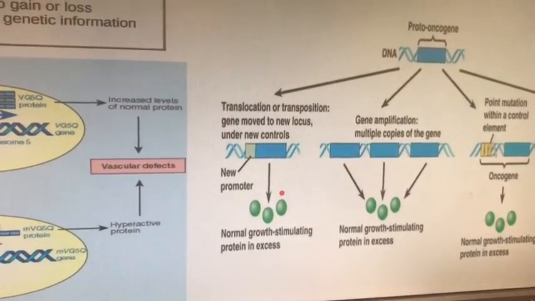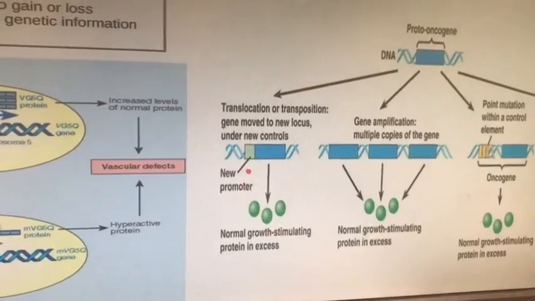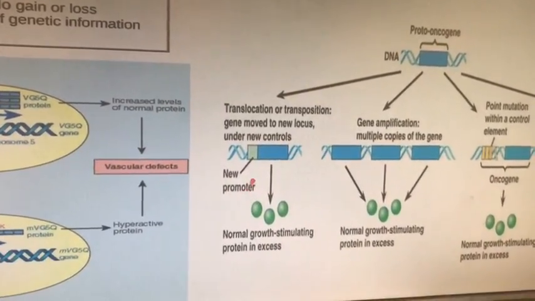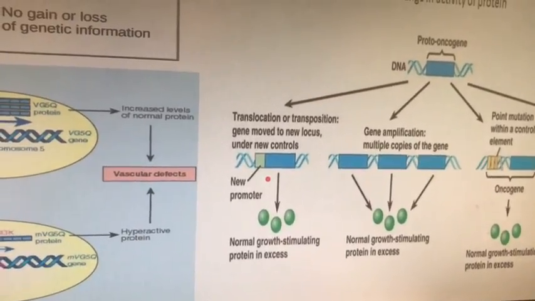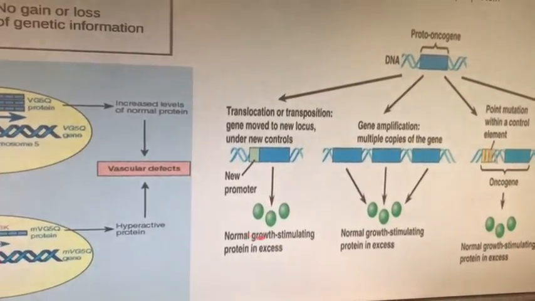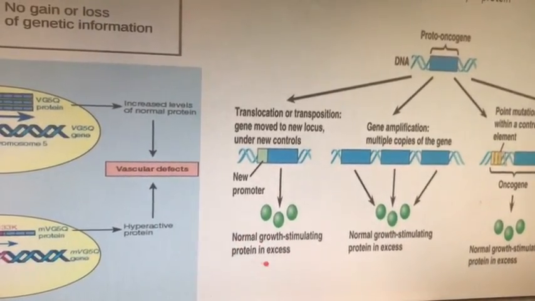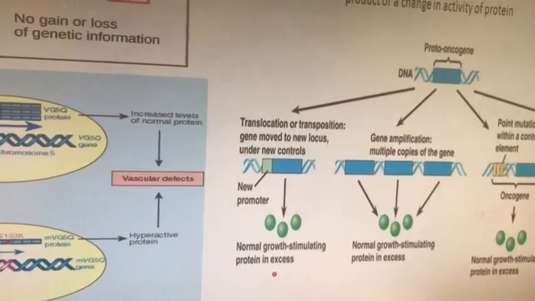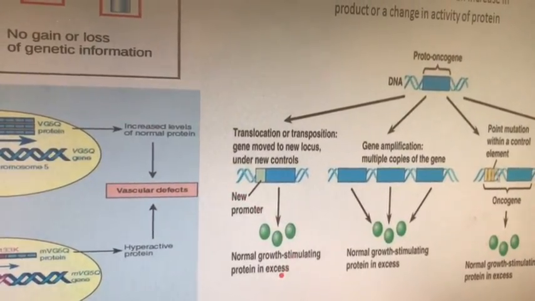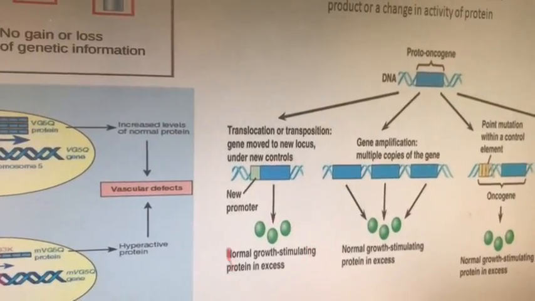If the new location of our proto-oncogene is in the vicinity of a regulatory sequence which contains a promoter, we have a resulting increase of transcription of that gene, and therefore activation of said gene. So what we're seeing here is the normal growth stimulating protein in excess. So this basically means that our proto-oncogene has become an oncogene because it is stimulating excessive growth of cells, which is cancer.